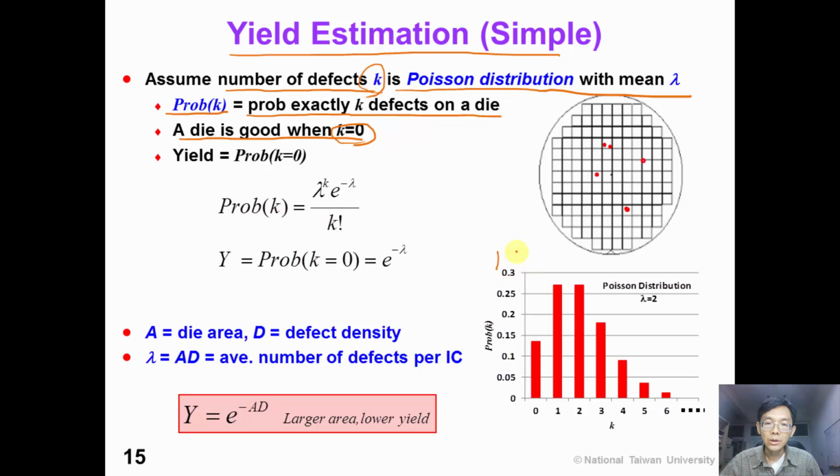This figure shows the Poisson distribution with lambda equal to 2. The probability of K can be written in this equation. If we plug in K equal to 0, then we can obtain that the yield is equal to e to the power of minus lambda.